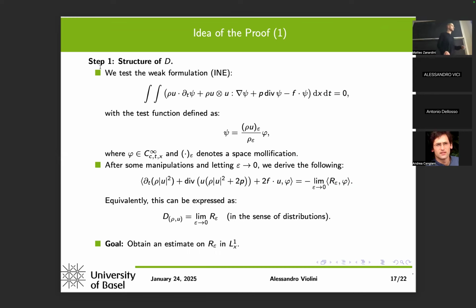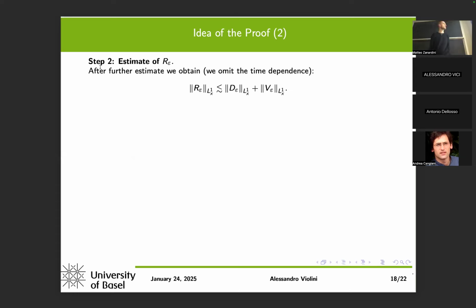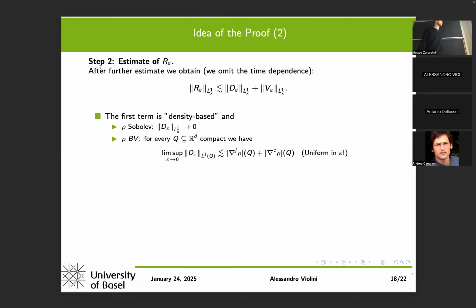And now the goal is to estimate this R epsilon, changing our regularity framework. So let me say that R epsilon can be split in two parts, D epsilon and B epsilon. D epsilon is more density based, and you can prove that if rho is Sobolev, which is not a good framework because you cannot even allow jumps, so in our model it's not good, but the dissipation is zero. And if rho is BV, you can prove something like this.